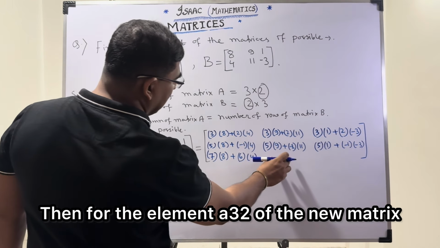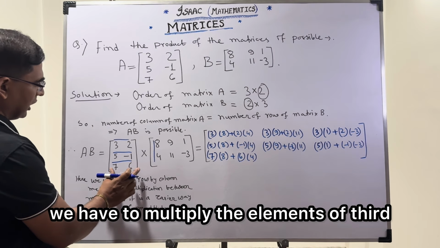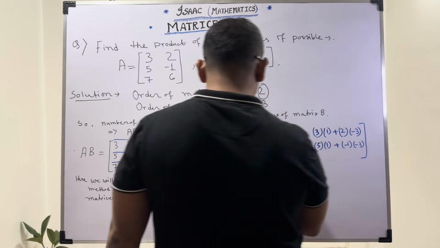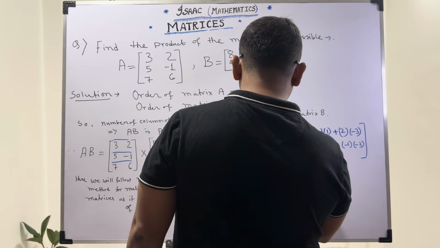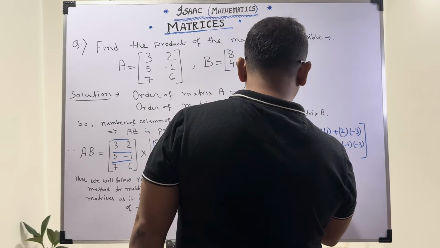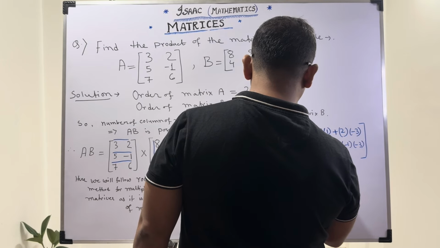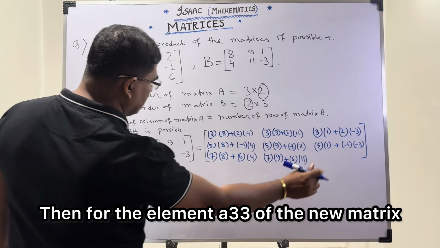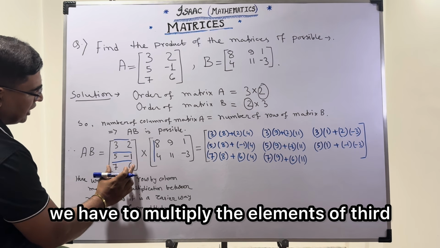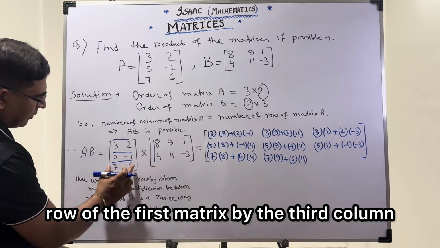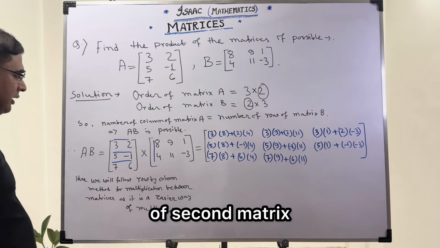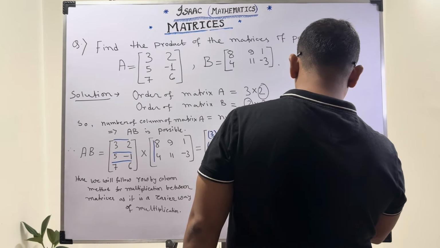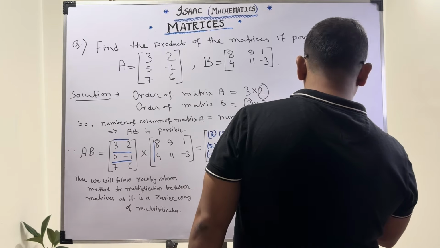Then for the element A32, we multiply the third row by the second column: 7 into 9 plus 6 into 11. Then for the element A33, we multiply the third row by the third column: 7 into 1 plus 6 into minus 3.